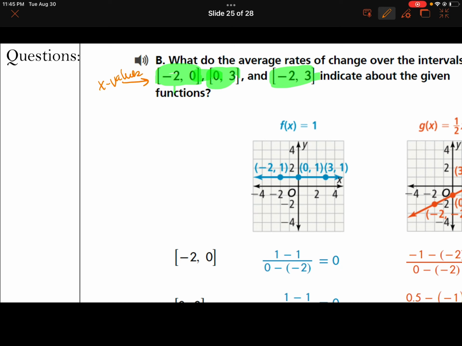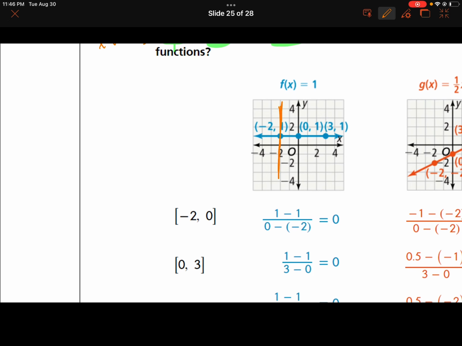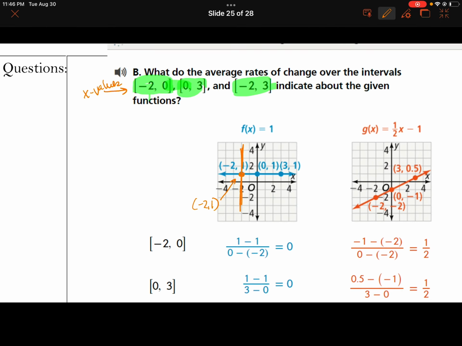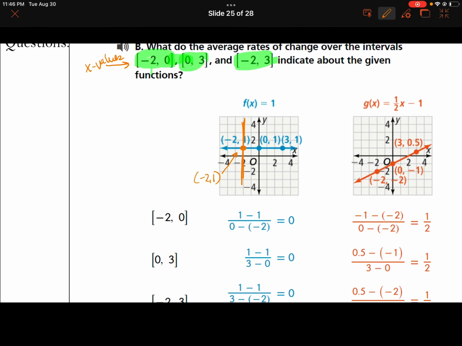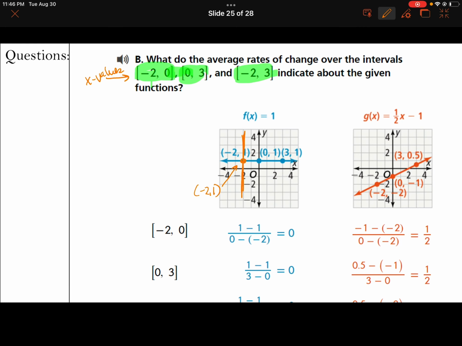So starting at -2, my point is at -2, 1, and my point at 0 is 0, 1.